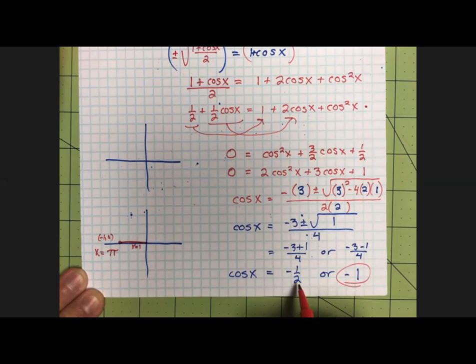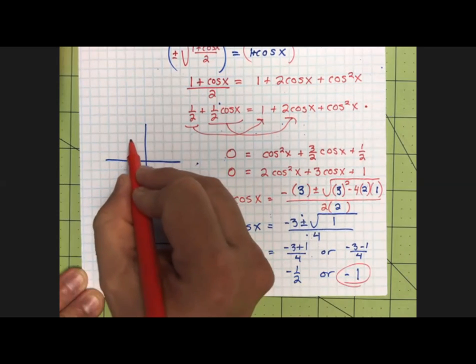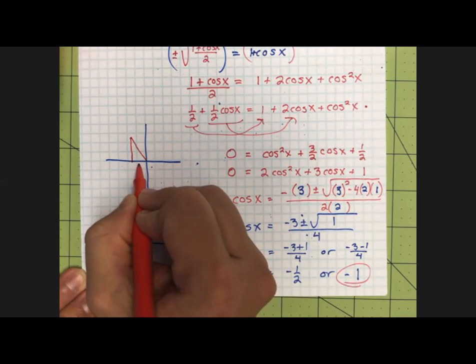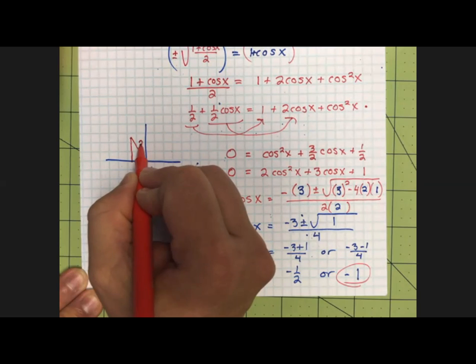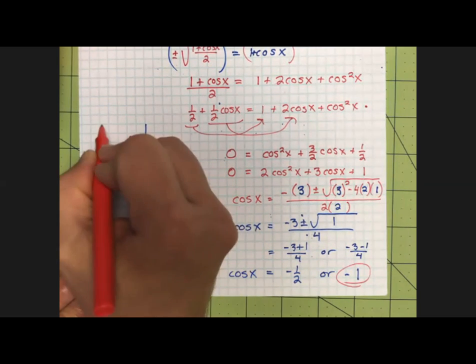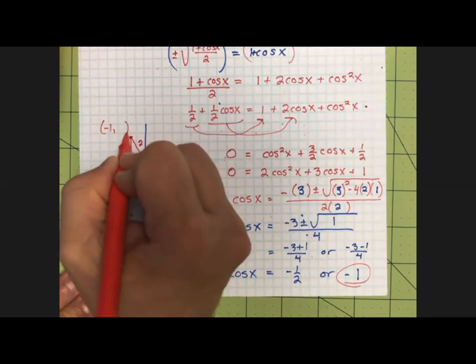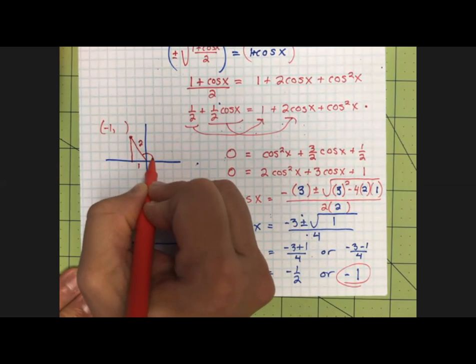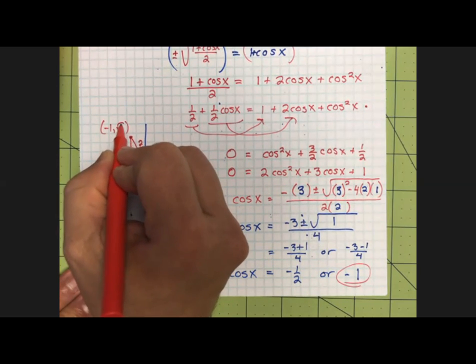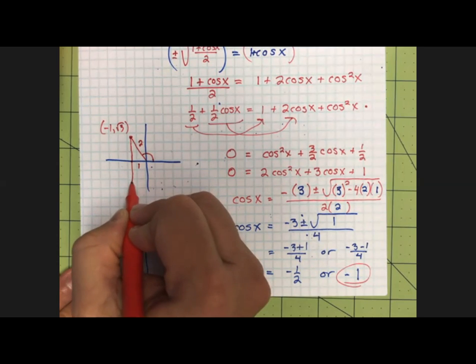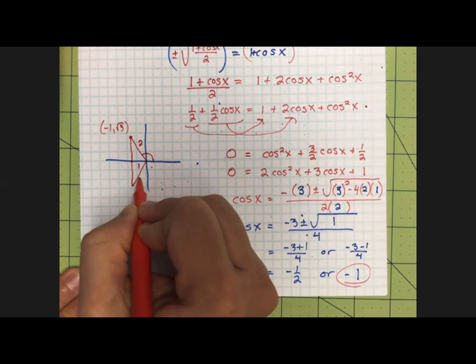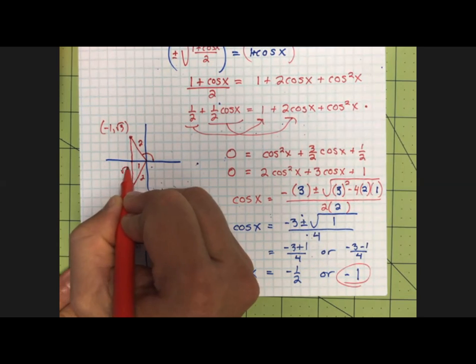Cosine of -1/2 means I have x over r of 1 to 2, but the x is negative. This is a famous triangle. So this side is √3 plus, and this side is √3 minus.